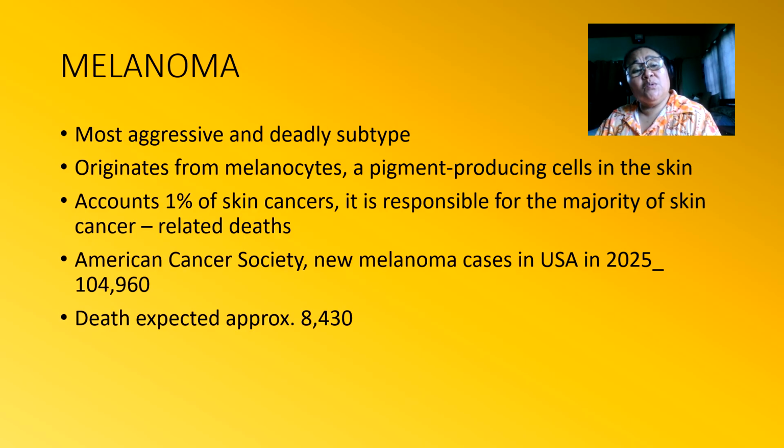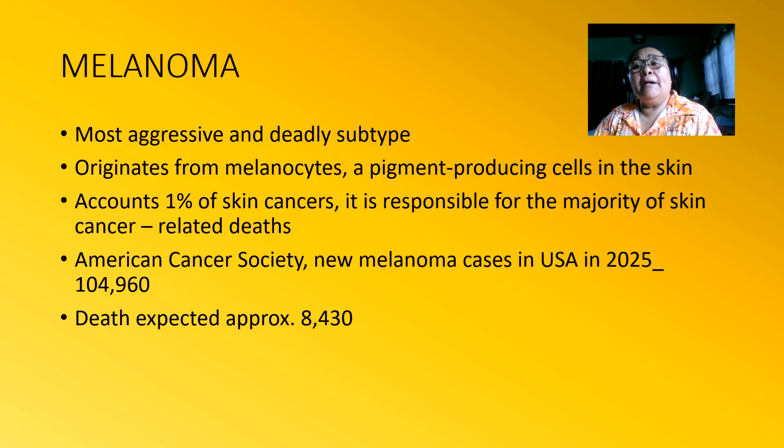Okay, so melanoma originates from the melanocytes. As I have told you a while back, melanocytes are the pigment-producing cells that produce melanin. This is the substance responsible for skin color and protects against ultraviolet radiation.